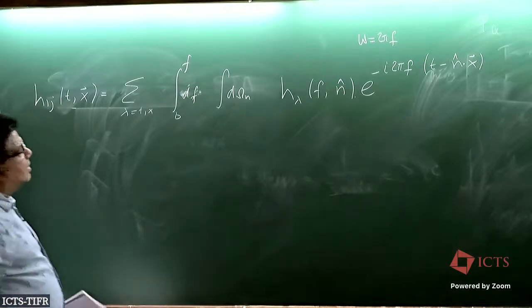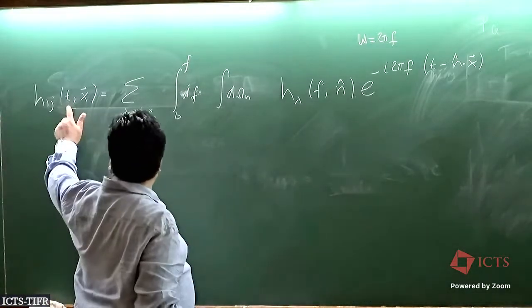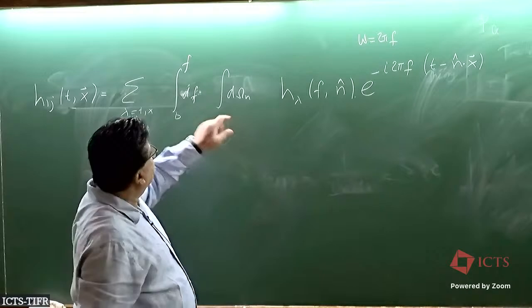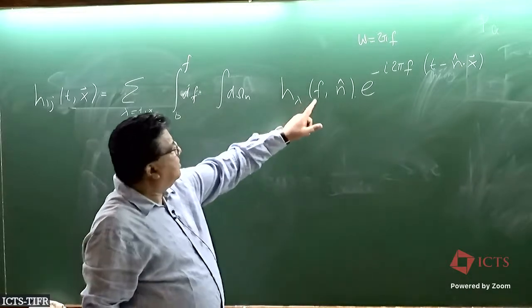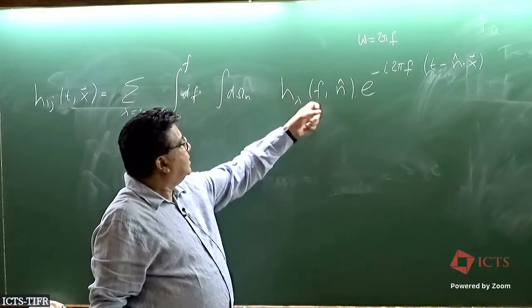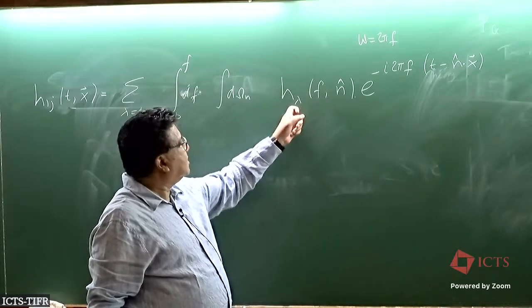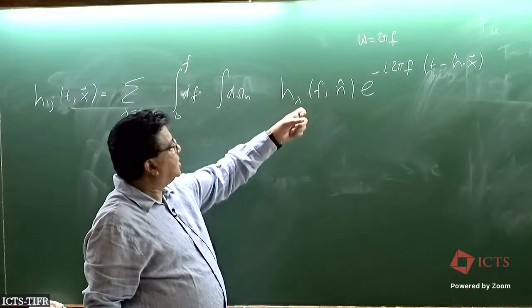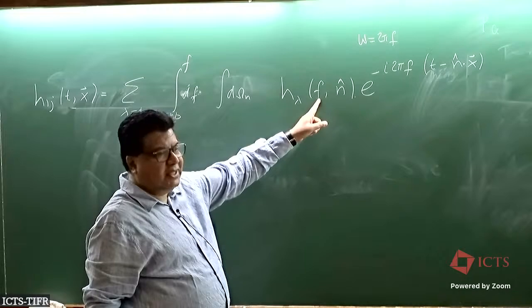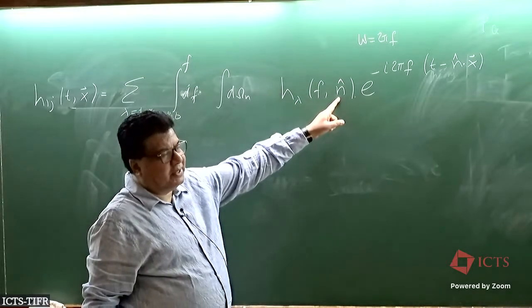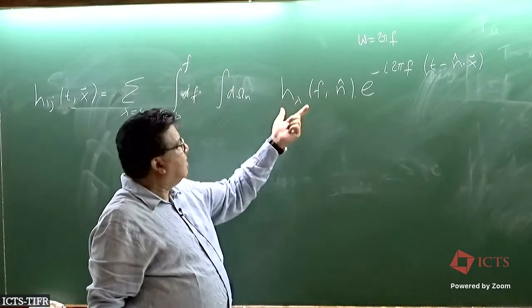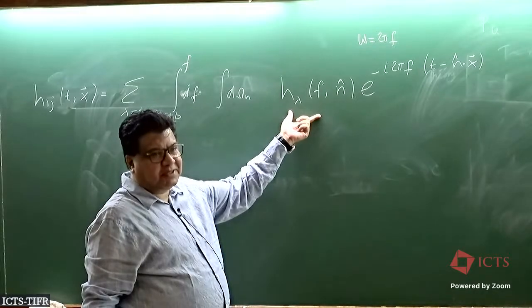So I'll substitute the Hij in that formula with this, and it will become a function of the frequency distribution of this gravitational wave in the Fourier space, which depends upon the frequency and the direction of propagation. So this is the amplitude of the gravitational wave in the Fourier space.